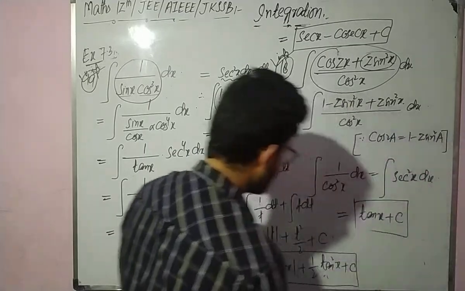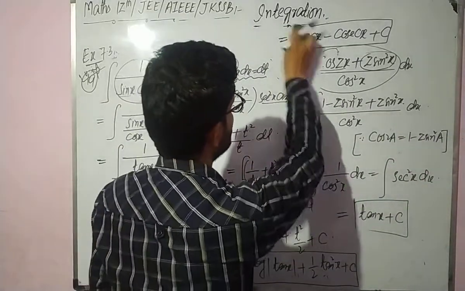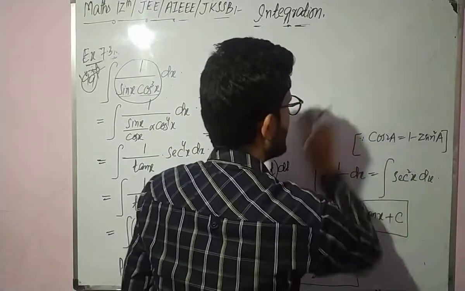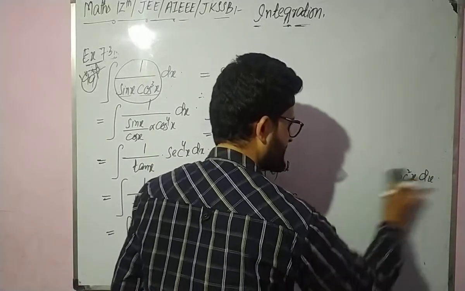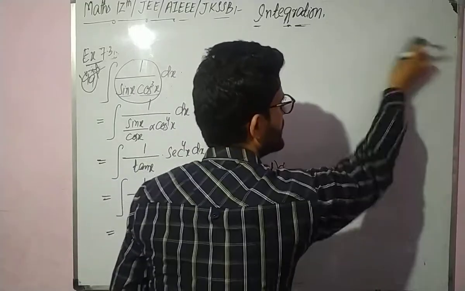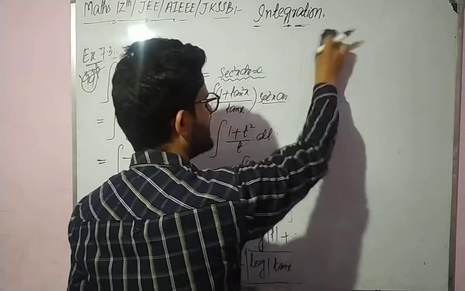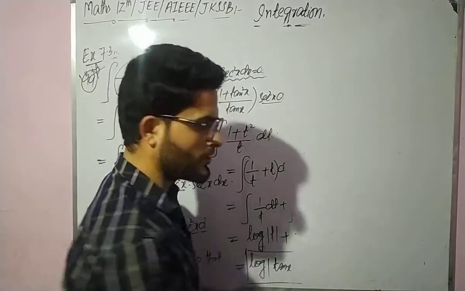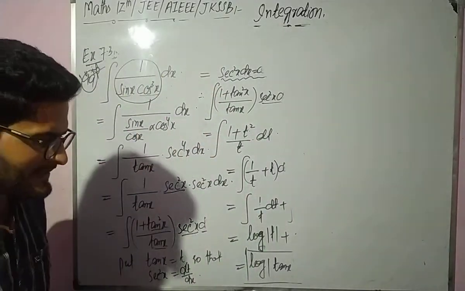Now move on to the next, and that is question number 20 of the same exercise. This exercise is very important from the examination point of view. One or more than one, or rather I can see two or more than two questions can be asked from the exercise.